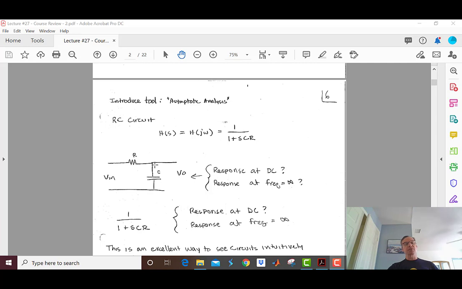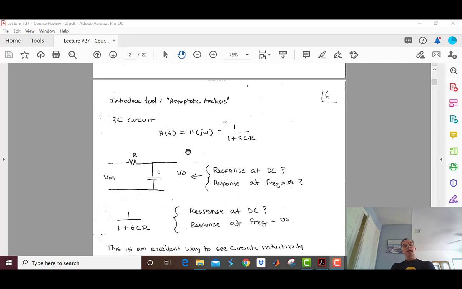If the impedance is infinity, we have no current. So we can use either of those rules, but they tell us that at DC, I'm going to have a response of 1.